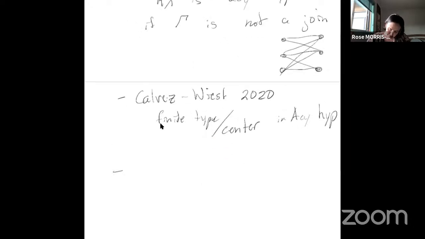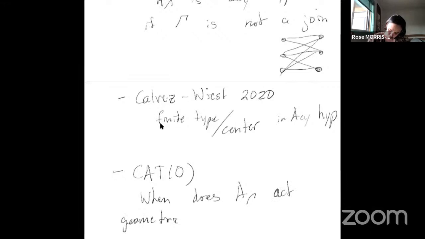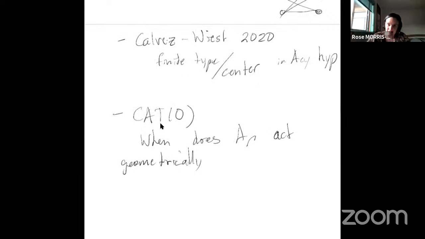And then the last open question that I wanted to mention to you today is, are these groups CAT(0), right? So when does A gamma act geometrically, co-compactly, properly, and by isometries on a CAT(0) space?